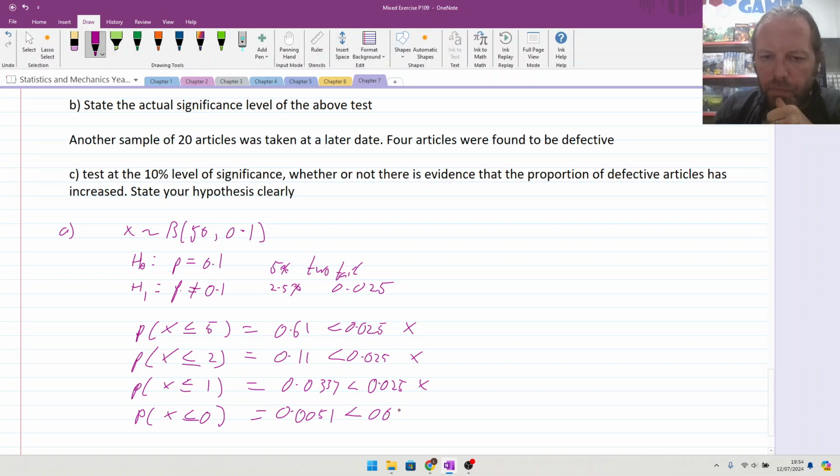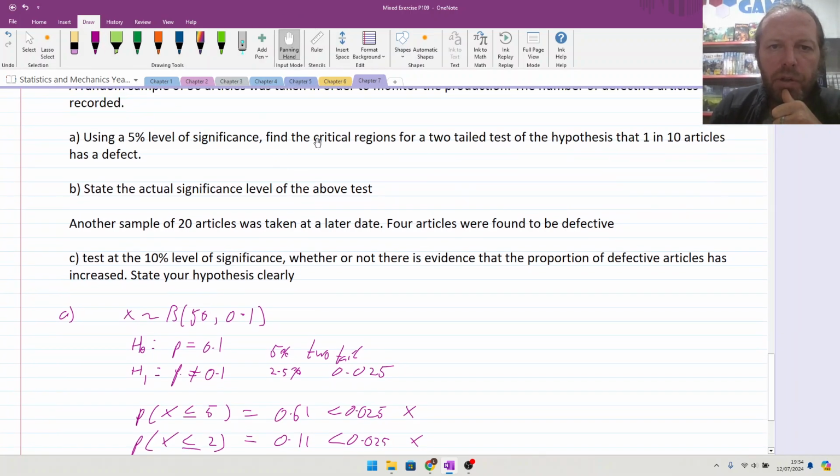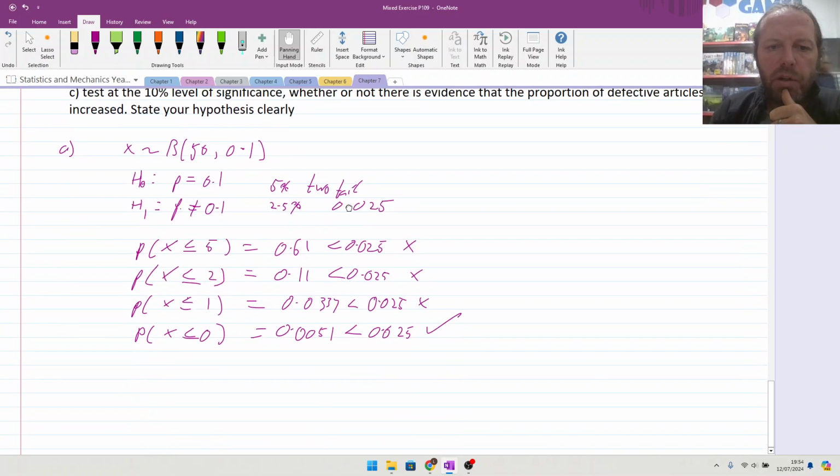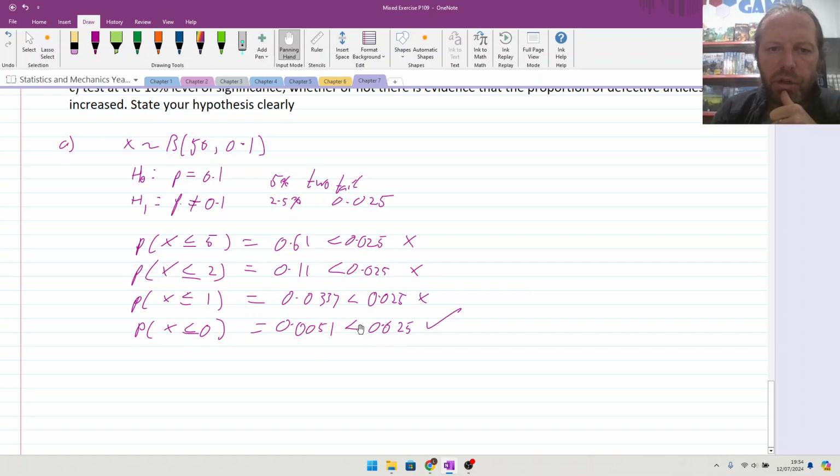Now, we need to find, coming back up here, the critical region for the two-tailed test. We need to look for the closest to it.